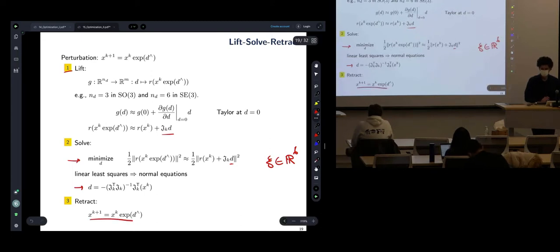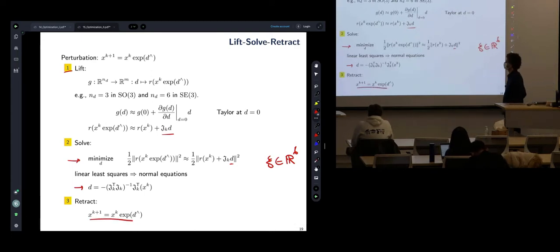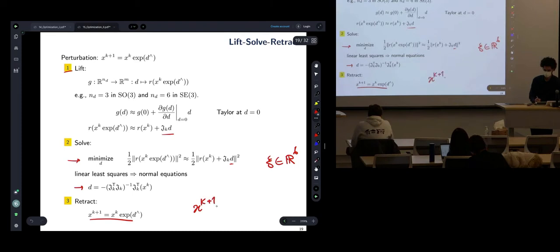Then retract. When you retract, we integrate. On Lie groups, you know how to integrate using the exponential map. If this was Rn, we would just write that, the simple integration in Rn.